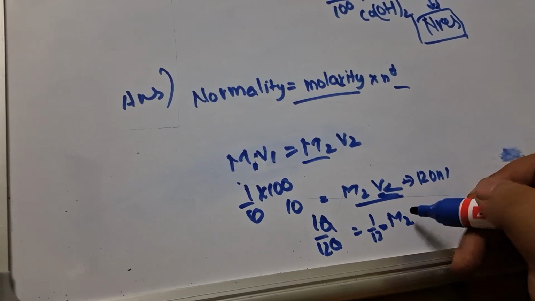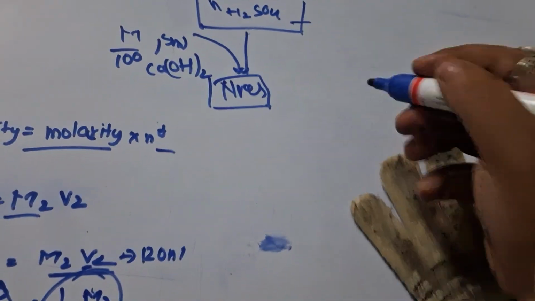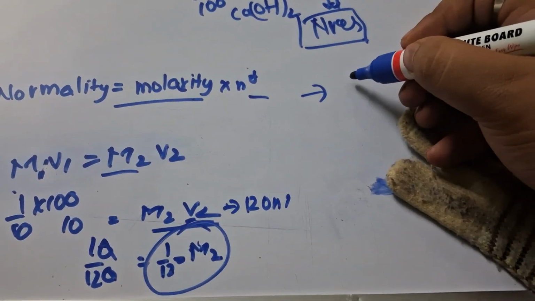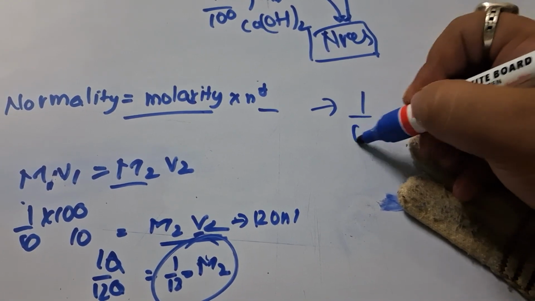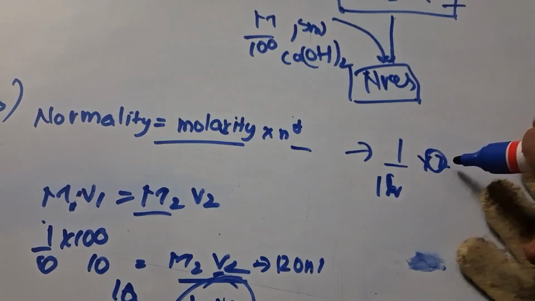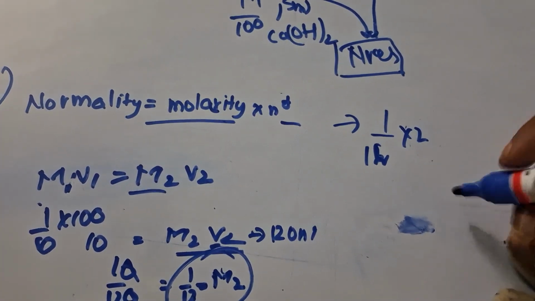So the molarity of this liquid is 1 by 12. Now if we multiply that by 2, the n factor, since normality is molarity into n factor, this will be 1 by 12 into 2. 2 is the n factor of H2SO4.